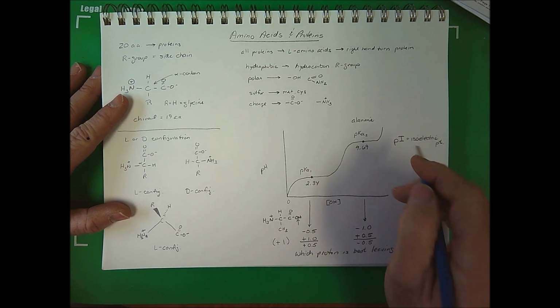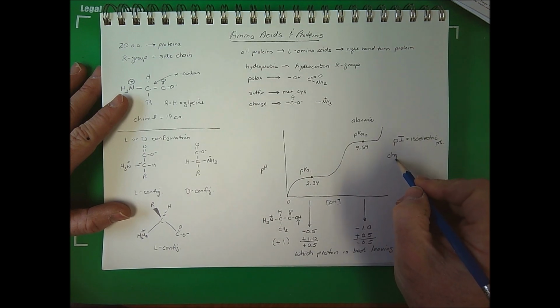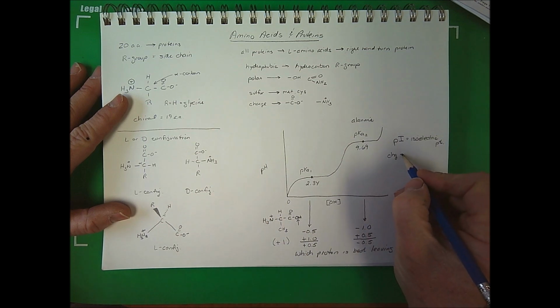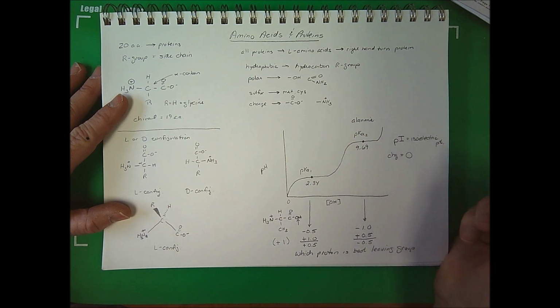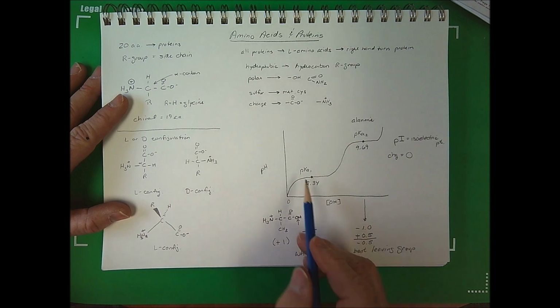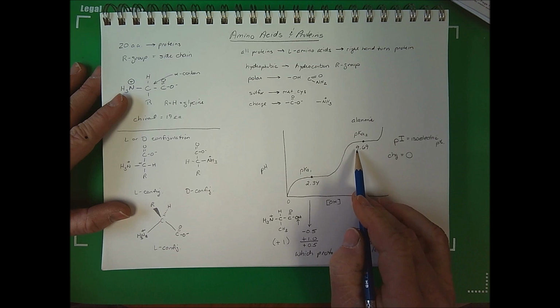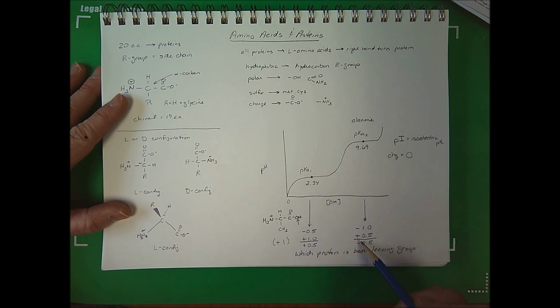And this, of course, is the point where the charge on the species we're looking at, in this case alanine, is equal to 0. So at pKa1, when we achieve a pH of 2.34, we will have an overall charge of positive 0.5. At pH 9.69, we will have an overall charge of -0.5.